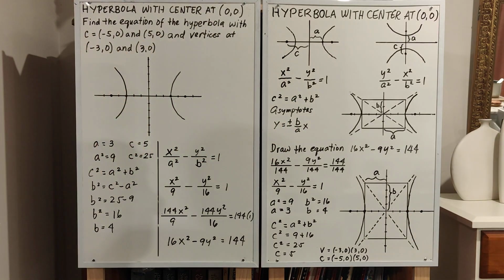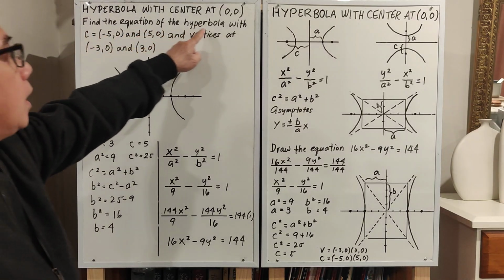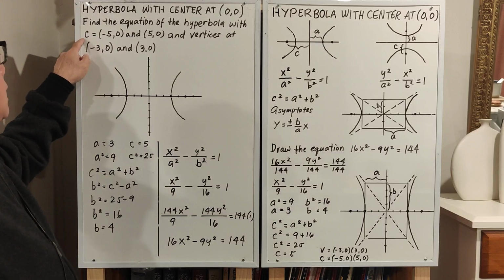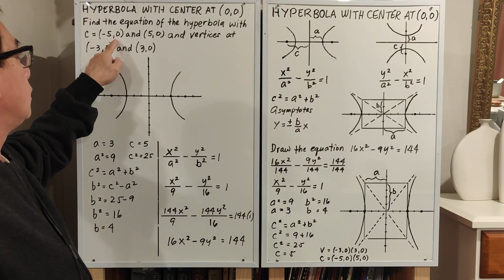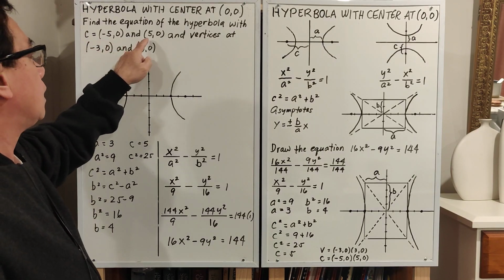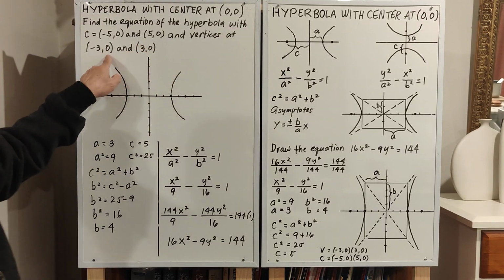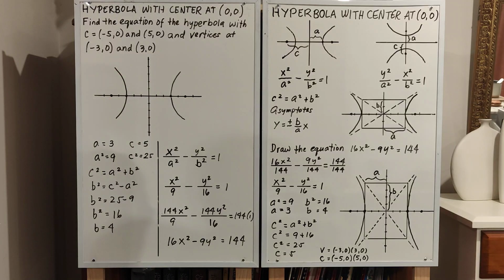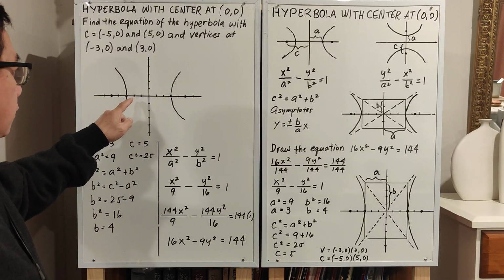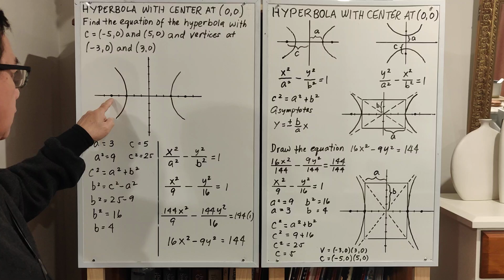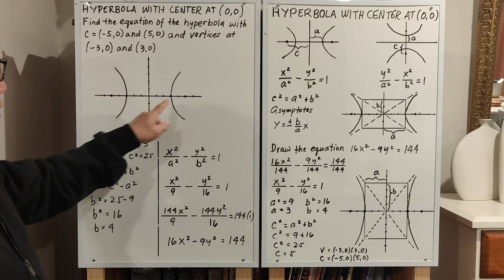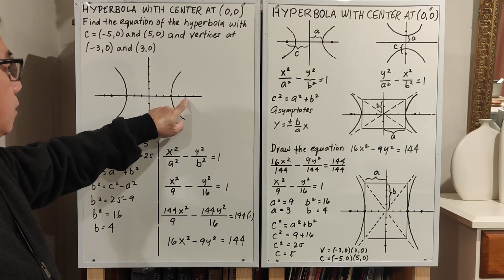Let us now reverse the question. Find the equation of the hyperbola with the foci at (-5, 0) and (5, 0), and the vertices at (-3, 0) and (3, 0). Here's your first focus, (-5, 0), and your second focus is (5, 0).